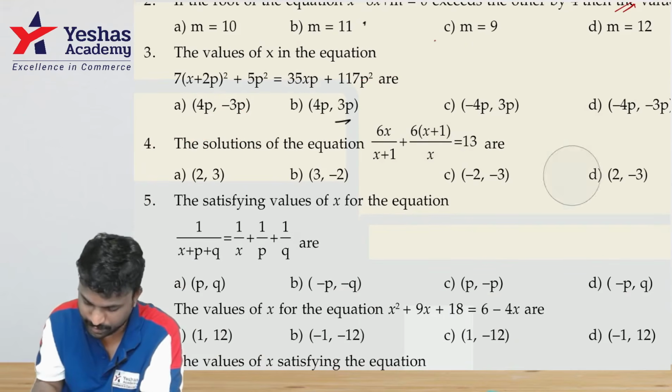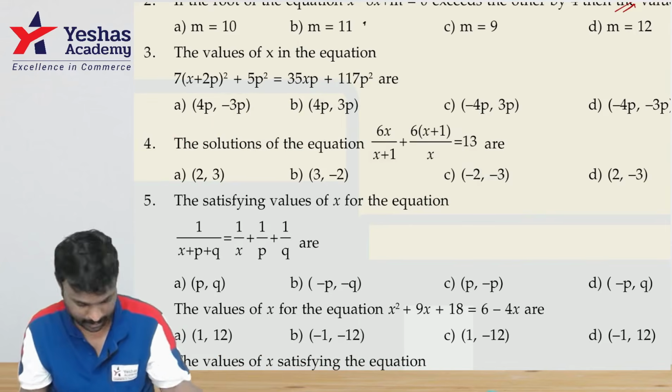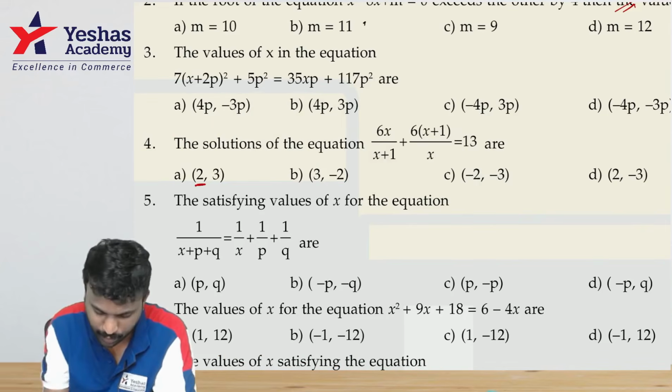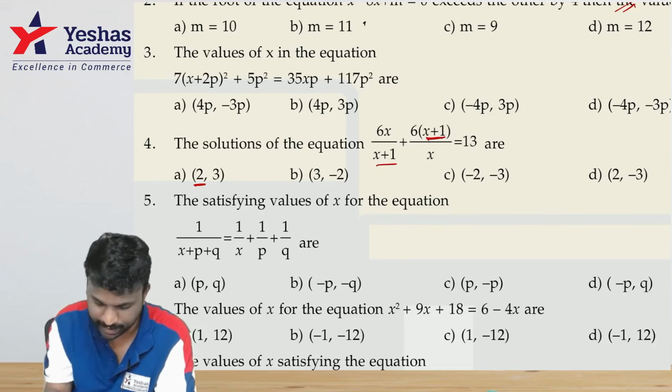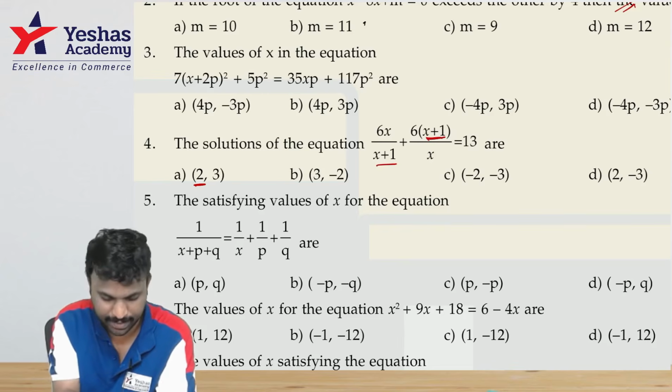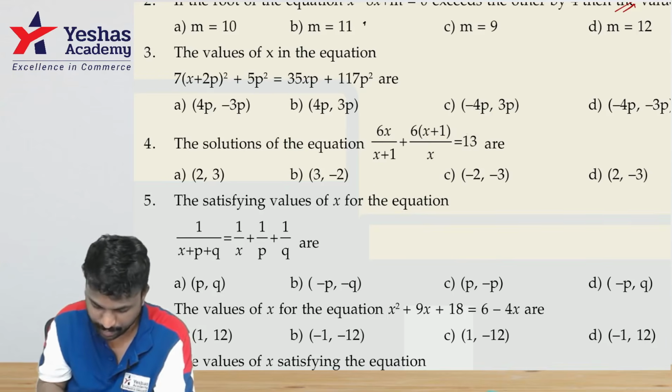Where are X values in the option? Like guys, let's hit the option. X value 2, if I hit 6 2s are 12 divided by 3, plus 2 plus 1 is 3. 6 into 3 divided by 2, so 13 gets satisfied. How about 3 now? Will 3 get satisfied?